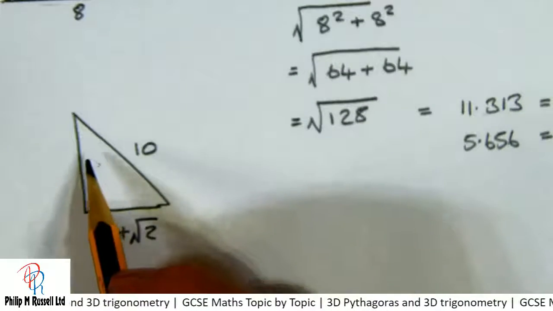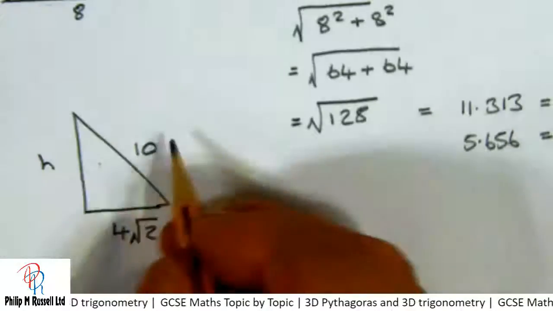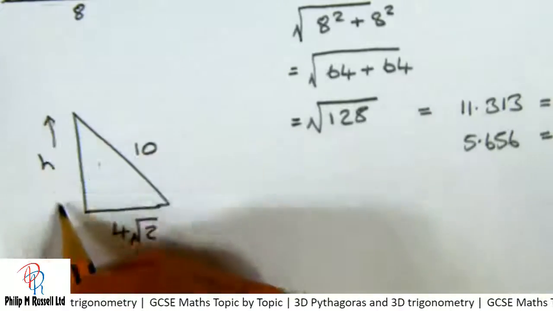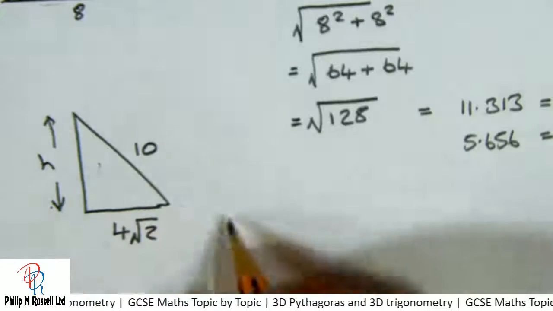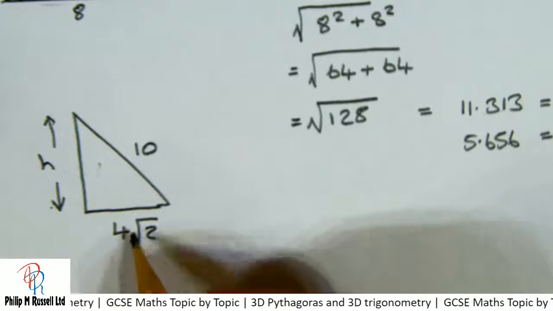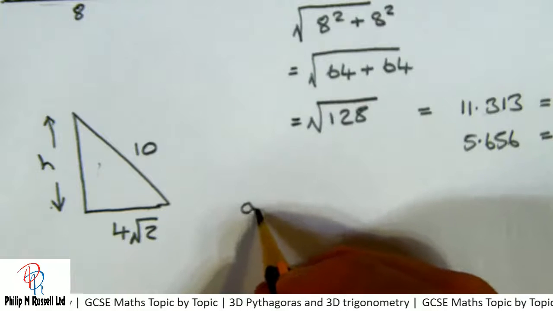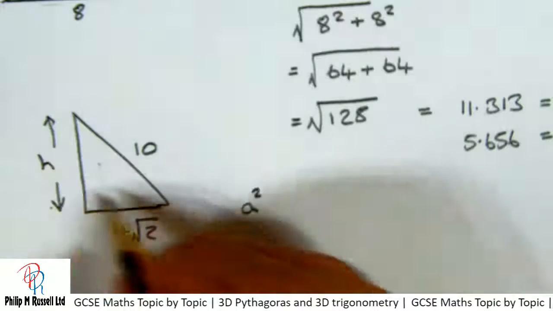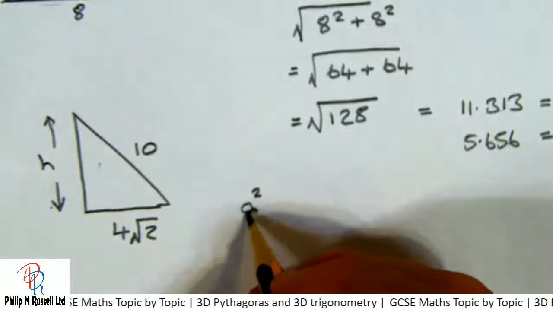And we need to work out what this side is, h, the height. To do this, then it's going to be Pythagoras, but we're going to need to take 4 root 2 away from the 10. So my formula for my length, I could have called that h.